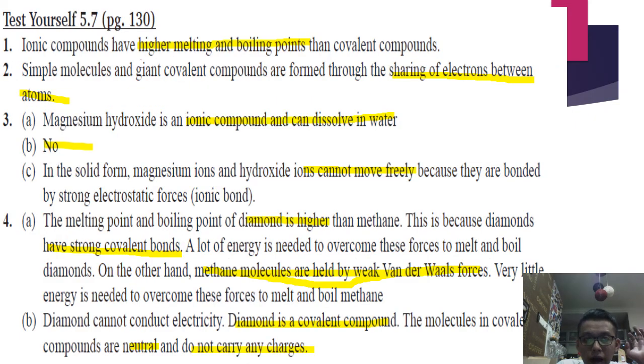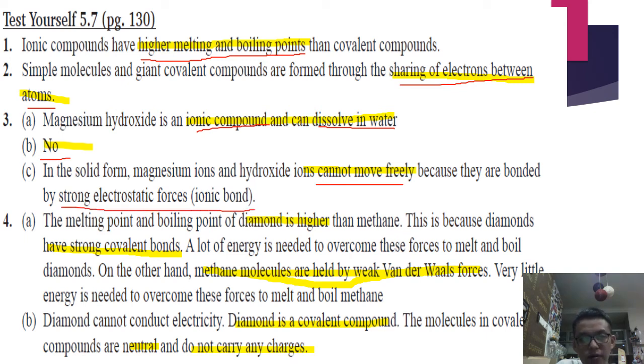So ionic compounds have higher melting and boiling points than covalent compounds. Simple molecules and giant covalent compounds are formed through the sharing of electrons between atoms. Magnesium hydroxide is an ionic compound, so it can dissolve in water. No. In the solid form, magnesium ions and hydroxide ions cannot move freely because they are bound by the strong electrostatic force.